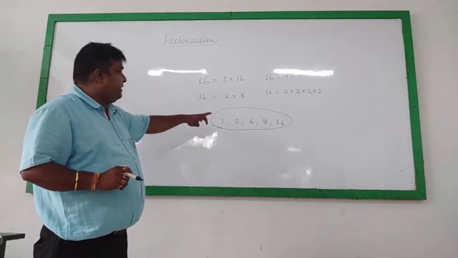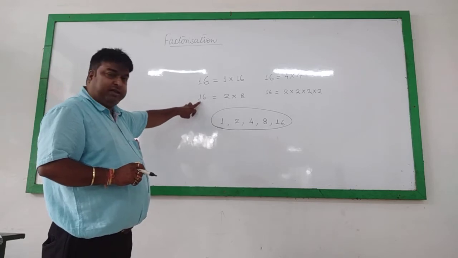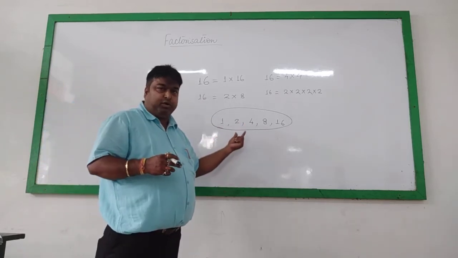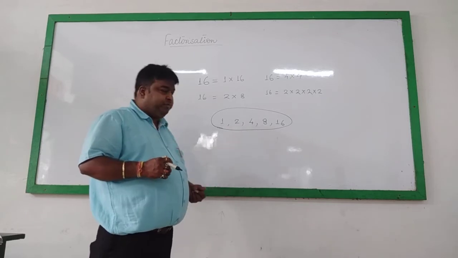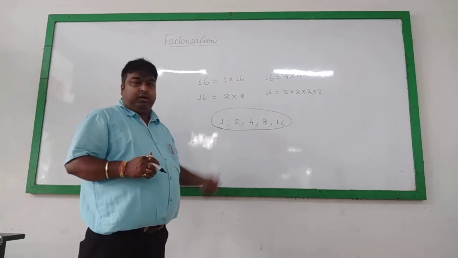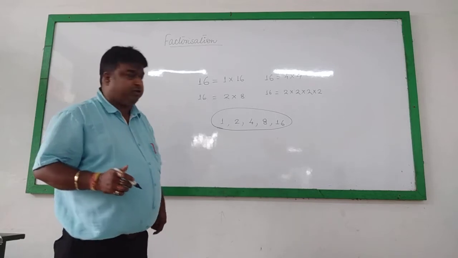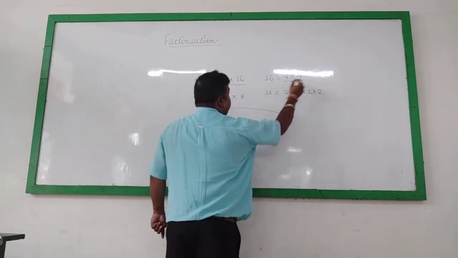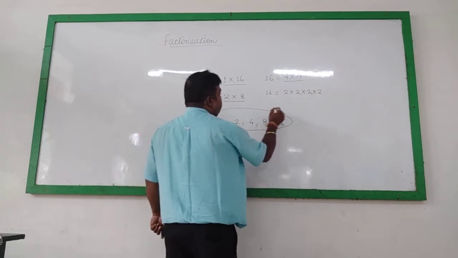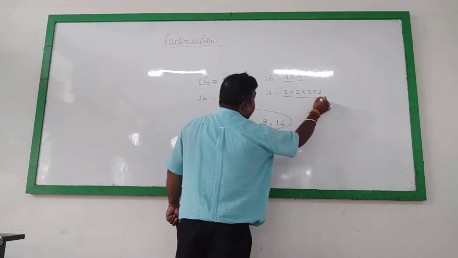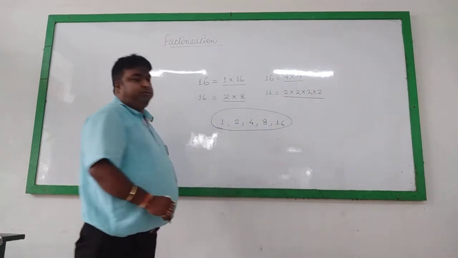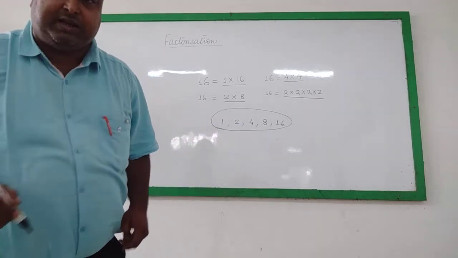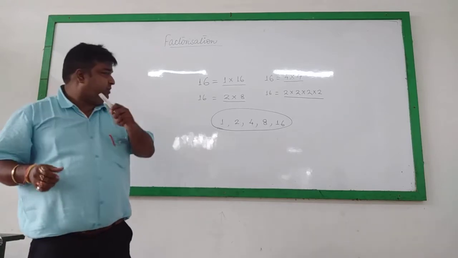When we express 16 as a product form of these numbers, then it is called factorization. So all these forms, 1 into 16, 4 into 4, 2 into 8 or 2 into 2 into 2 into 2, are called factorization of 16. Understood?